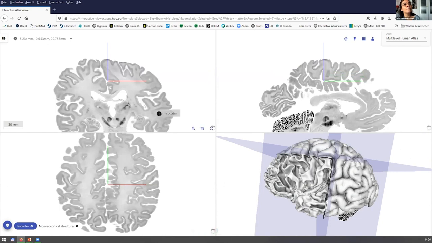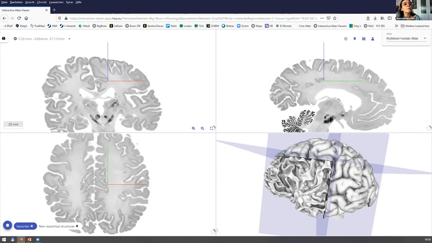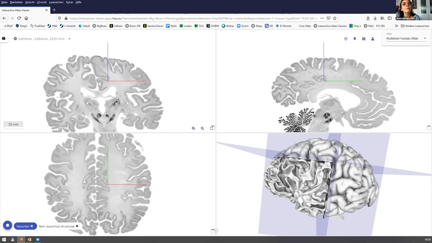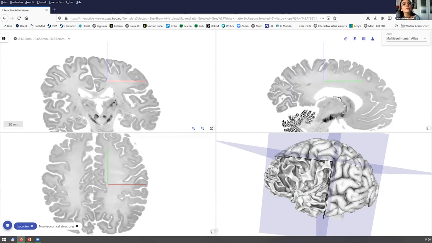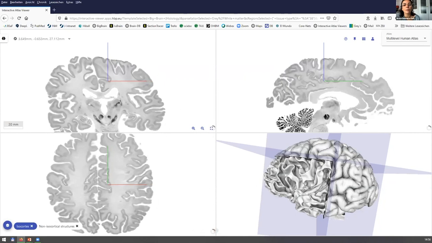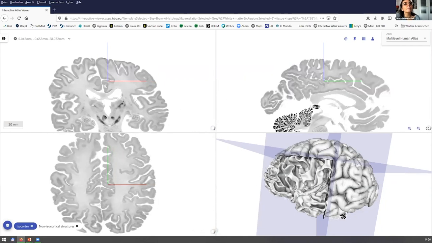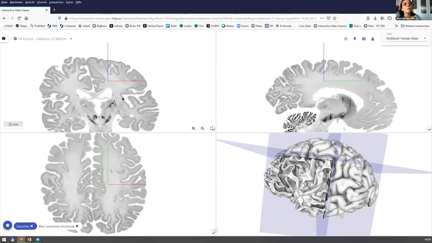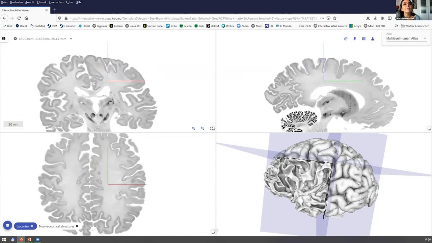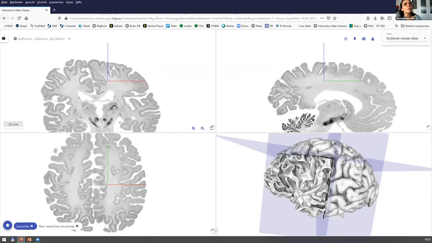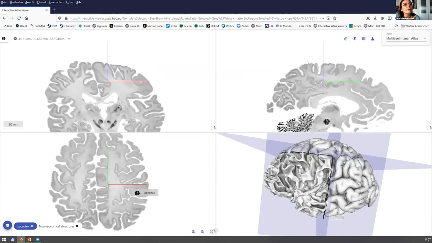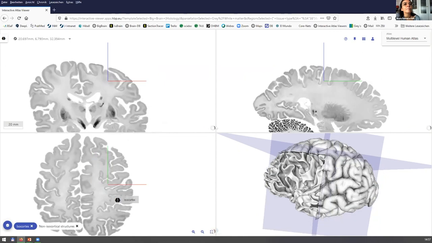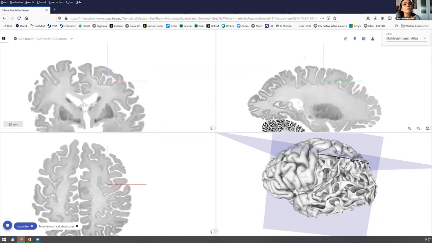And the right hemisphere, where have I got my 2 hands? Oops. It's not always easy. Oh, come on. Can you see here, the right image?